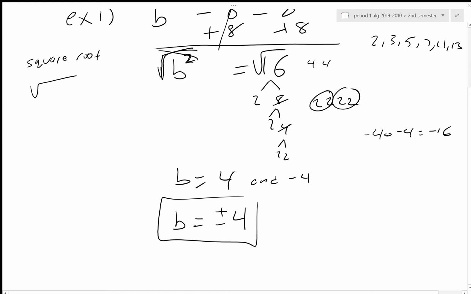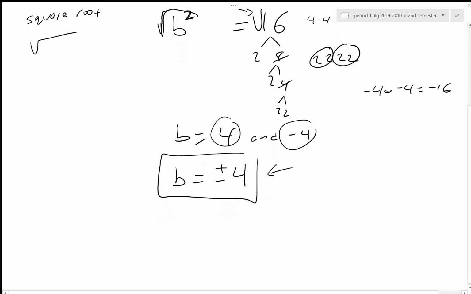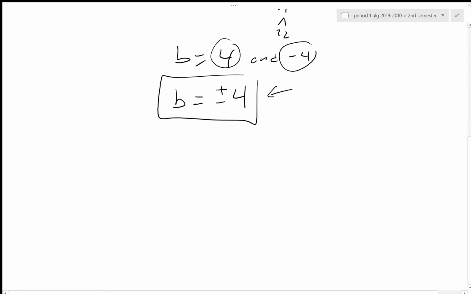So what you need to remember is every time we do the square root, every time we do this part, you're going to have two answers. One positive and one negative, and then we just write it like this together. So it's fairly simple.